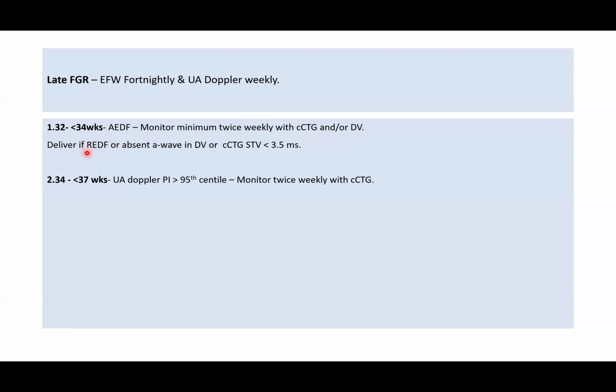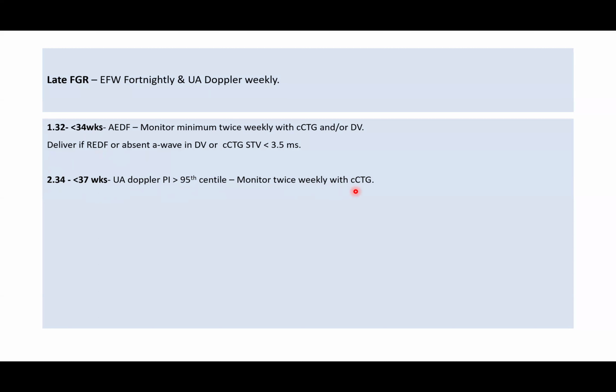If there is reversed end-diastolic flow or absent A wave, then we have to deliver. We will deliver also if CTG STV is less than 3.5 millisecond. In gestation age between 34 to less than 37 weeks, if umbilical artery Doppler pulsatility index is more than 95th centile, then we have to monitor twice weekly with CTG.